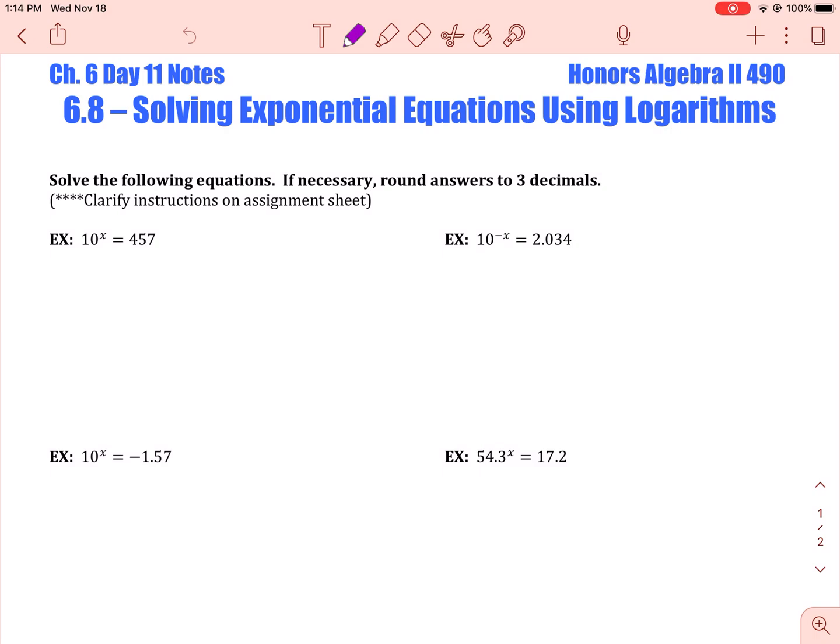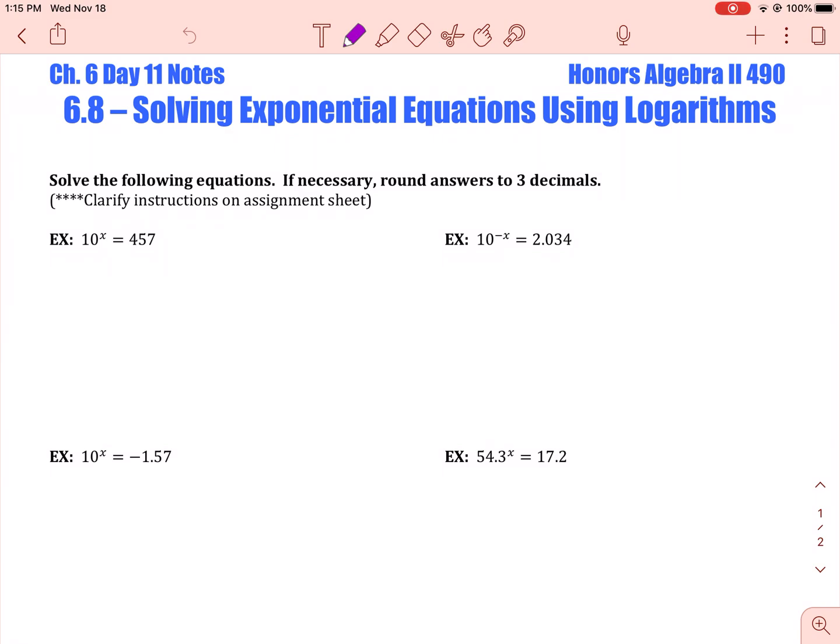I'm going to show as much as I can on the calculator to help you out, and then we'll do our rounding to 3 decimals. Quick clarification on the assignment sheet. If you look at the day 11 assignment, it is page 267, number 2 to 14 even, but it wants us to ignore the directions on 14 to 24.